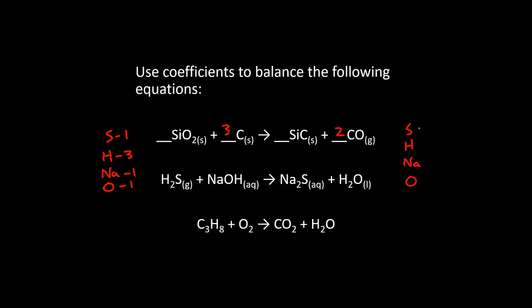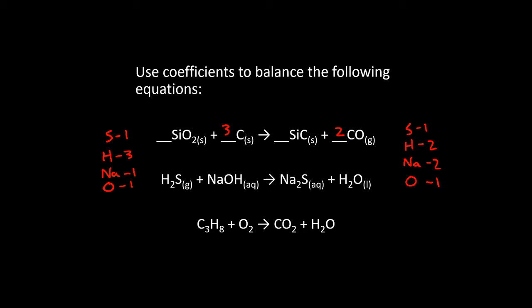And on the right side, I have, let's see, 1 sulfur, 2 hydrogens, 2 sodiums, and 1 oxygen. So, as it sits right now, my sulfur is already balanced, my oxygen is already balanced, but my hydrogen and my sodiums are not.